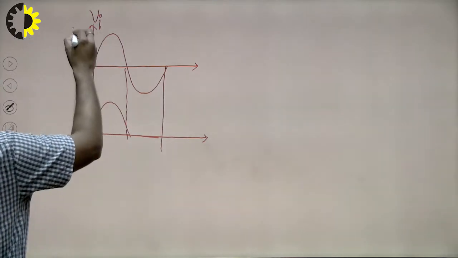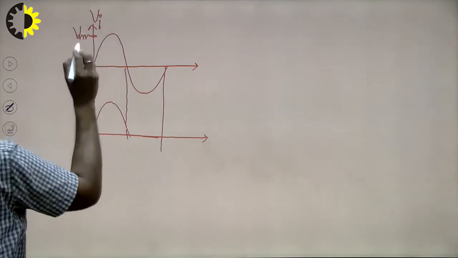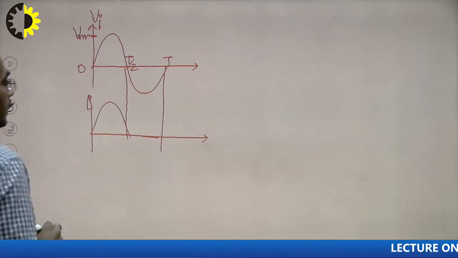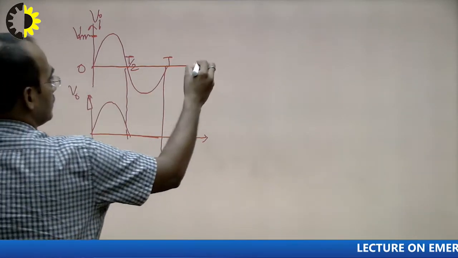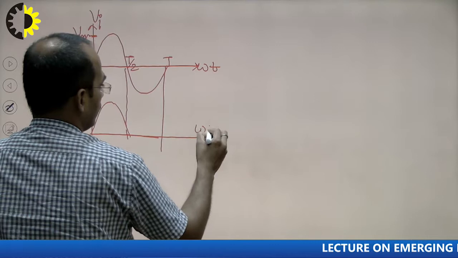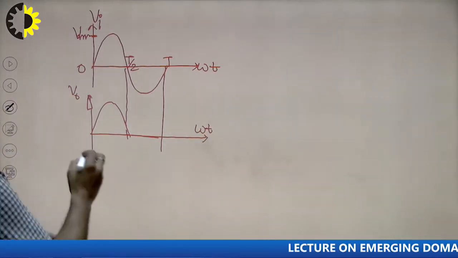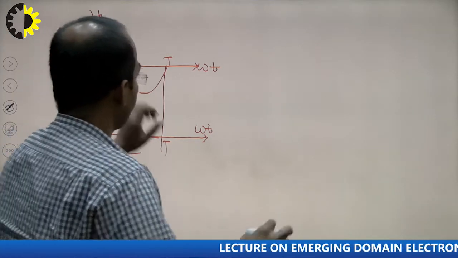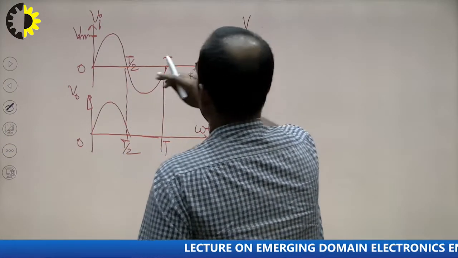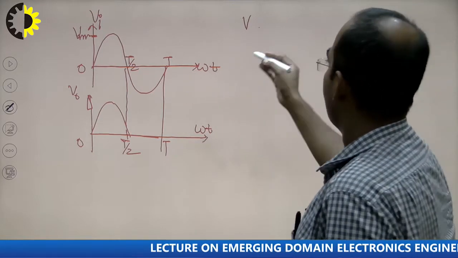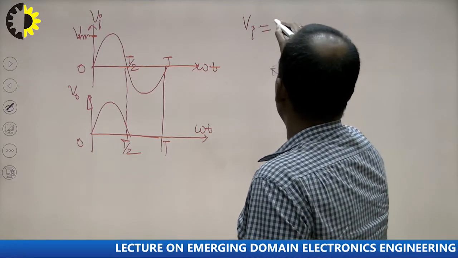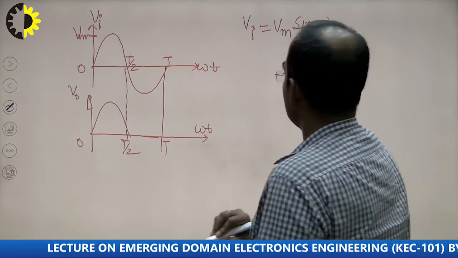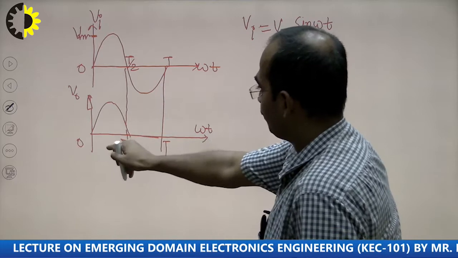I am writing here, this is the maximum value Vm, this is 0, this is T by 2 and this is T. This is the output waveform, with omega t on the axis. Now if the input waveform is Vi equal to Vm sin omega t, what will be the output equation?